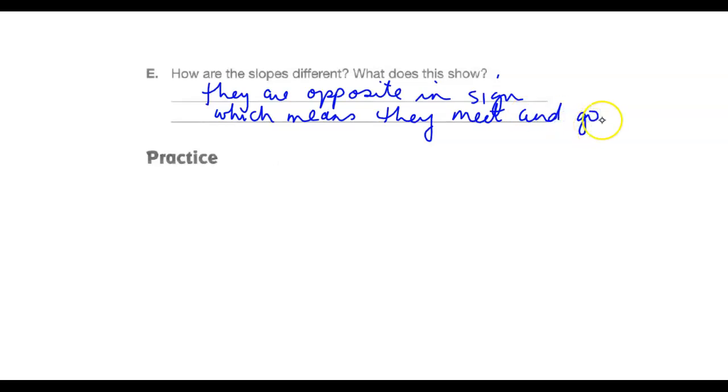Not quite sure how to say that. Okay, because they meet at the top, right? At the top of the pitch there.